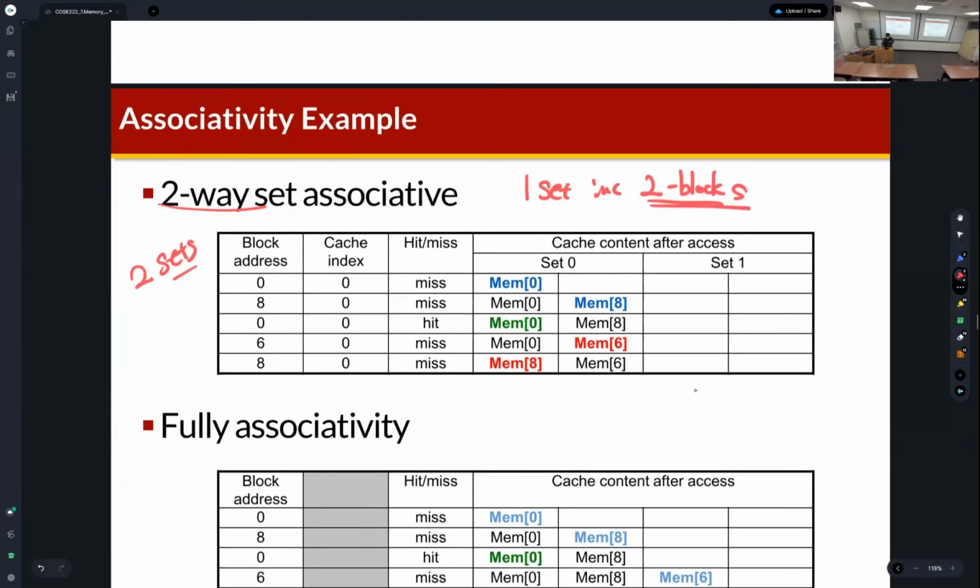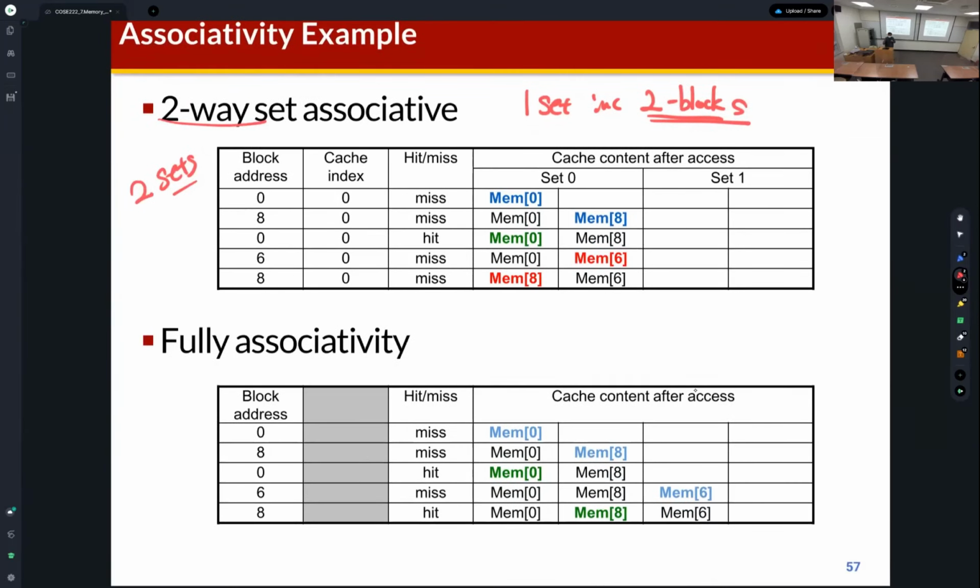Because the total number of blocks is 4, and each set includes 2 blocks, this cache has 2 sets. So one set includes 2 blocks. That's why this is a two-way set associative cache.